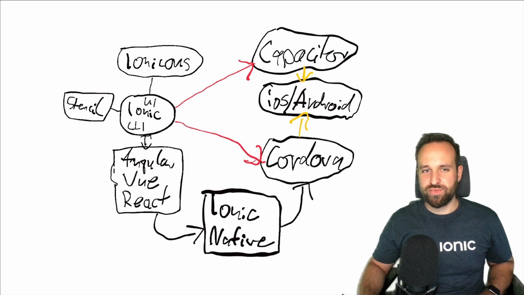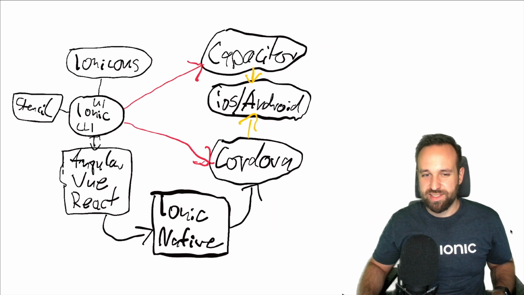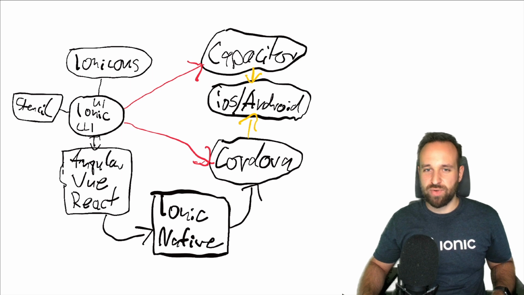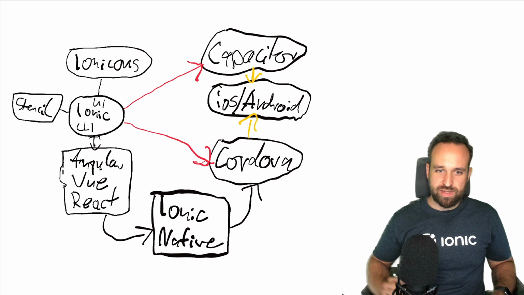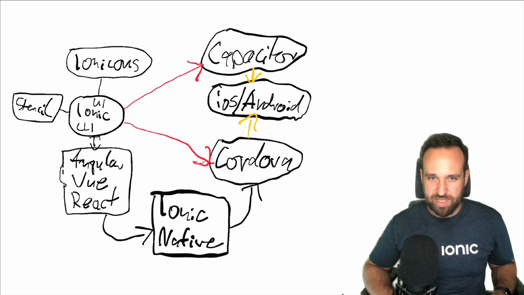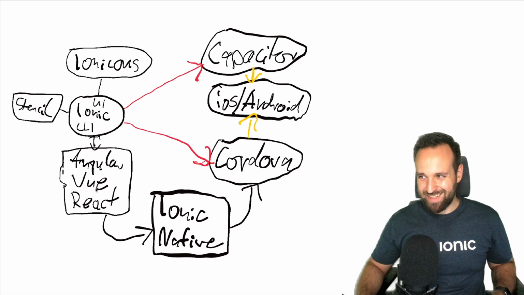So Ionic Native just makes it a bit easier to work with certain Cordova plugins. That's actually the whole idea of Ionic Native. And yes, you can also use Ionic Native with Capacitor. I'm not going to draw a line from there. You're just going to throw it in here.